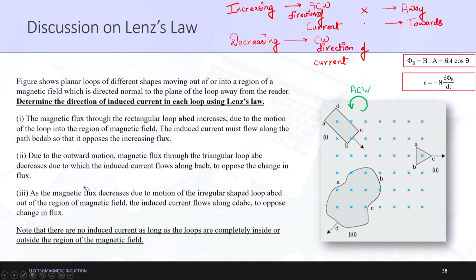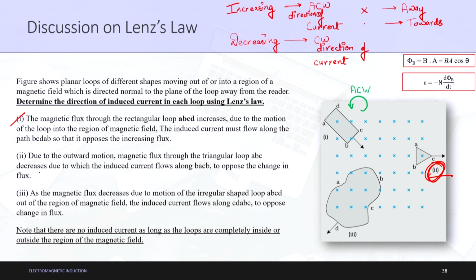The next point says that due to the outward motion, the magnetic flux through the triangular loop ABC decreases. Now we are talking about this portion here. Let me again use a different color for more clarity.